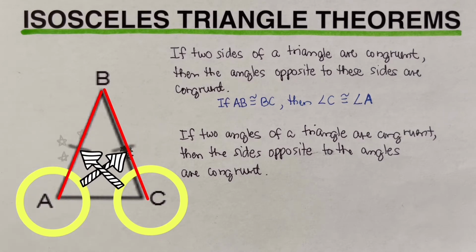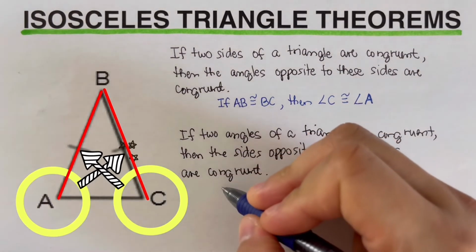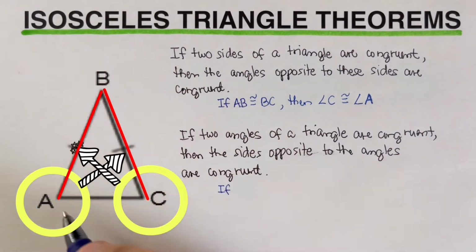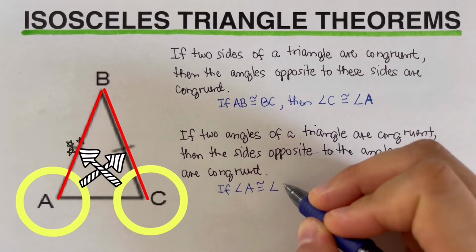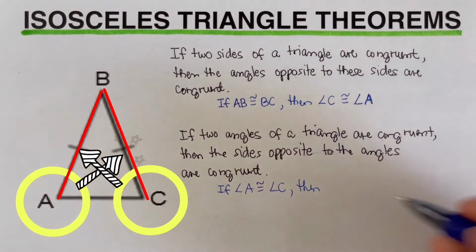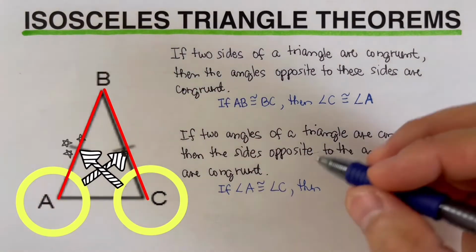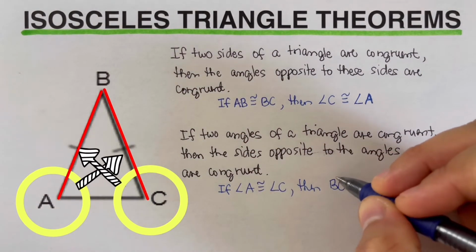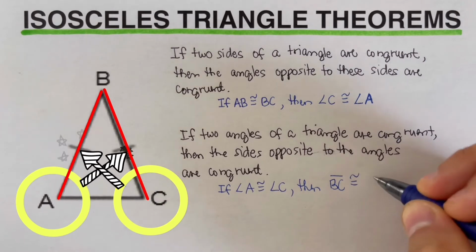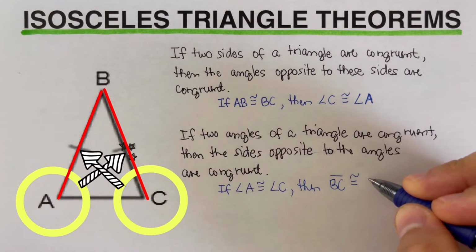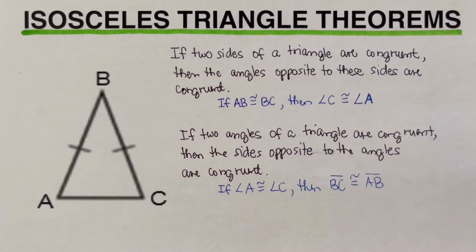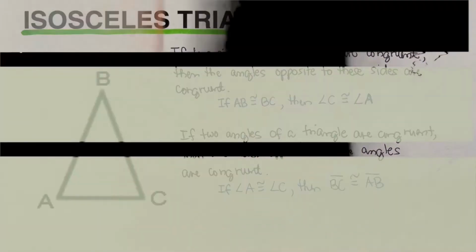We're just doing it the other way around so that we can write this in a statement. If angle A is congruent to angle C, then opposite to angle A is BC, so line segment BC is congruent to the side opposite to angle C, which is side AB. So this is the isosceles triangle theorem.